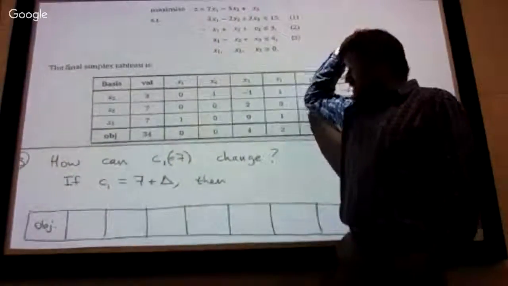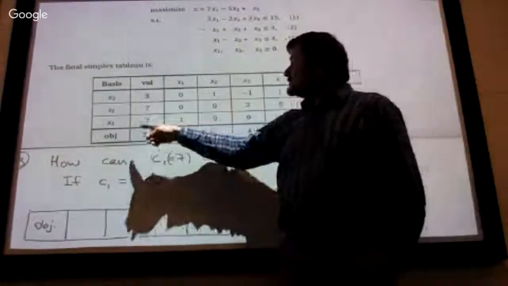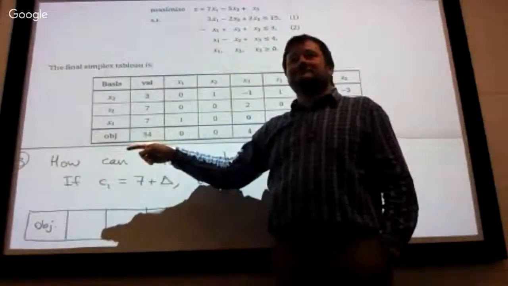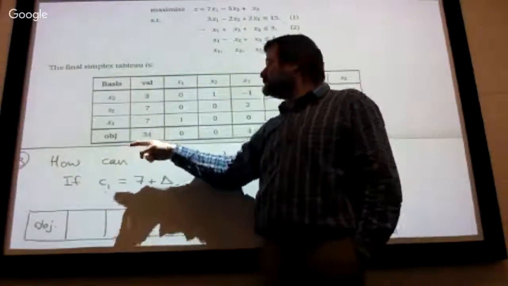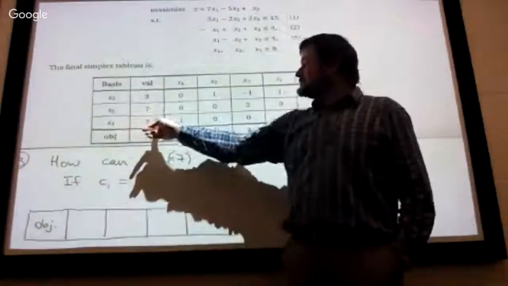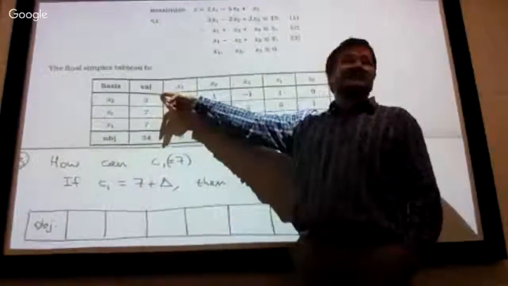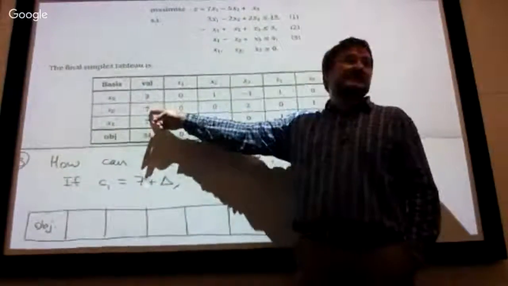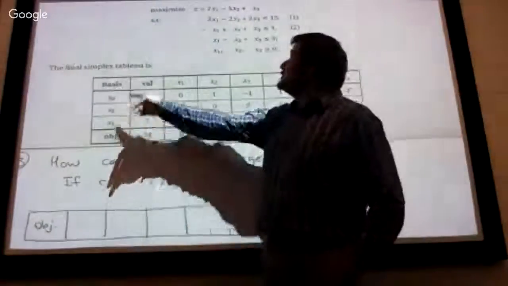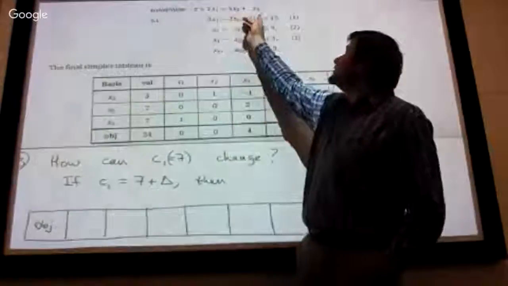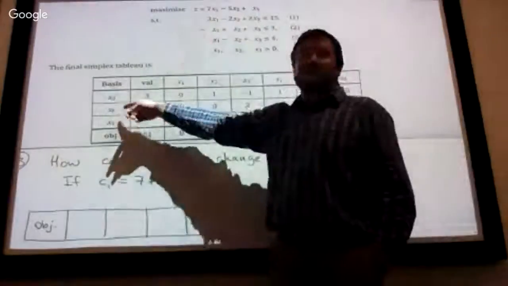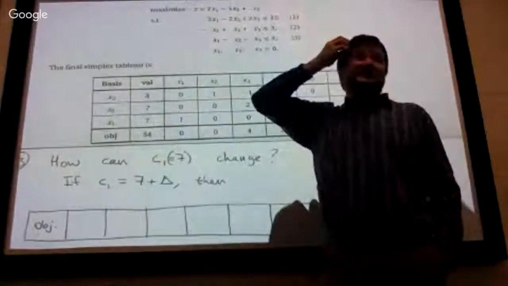So what you're really doing is 7 times this number, minus 5 times this number, 0 times this number, because x1 is the coefficient, so minus 5 for x2, and 0 because it's not in the objective.